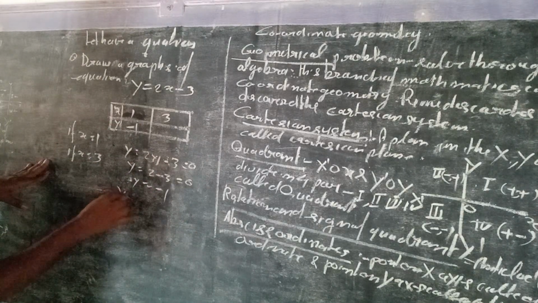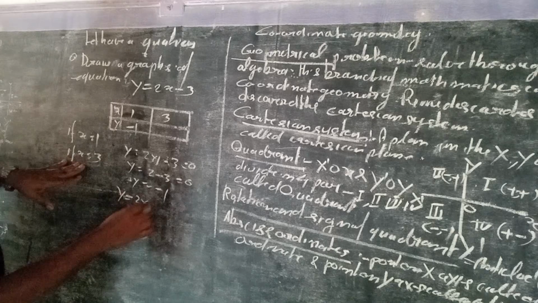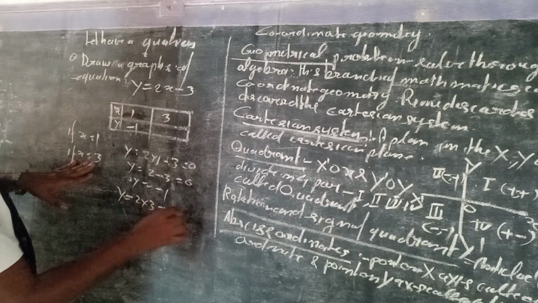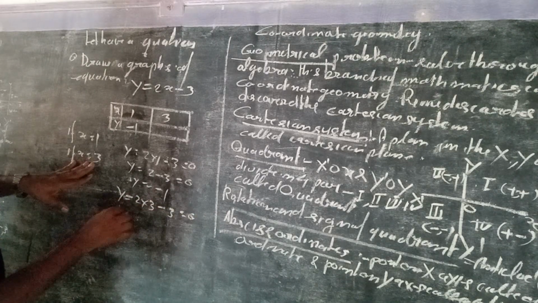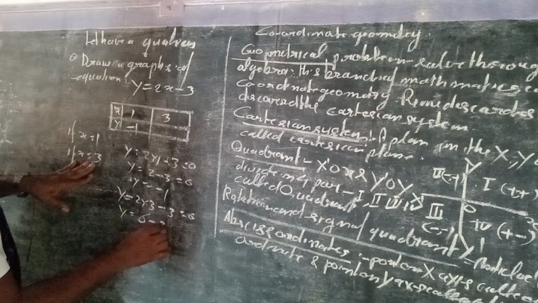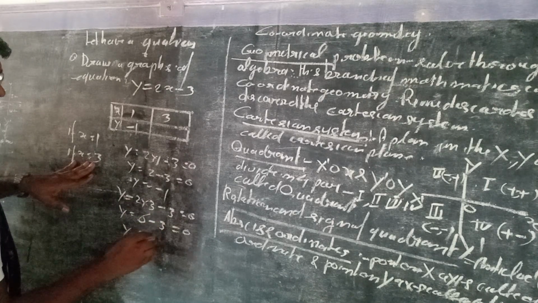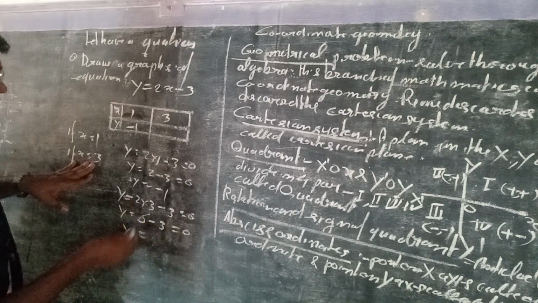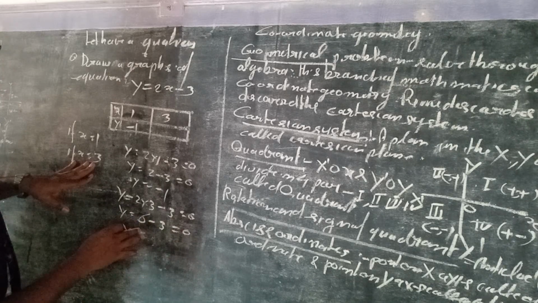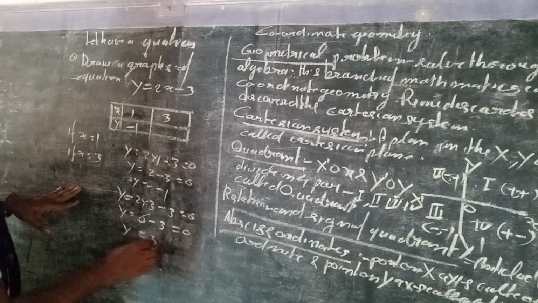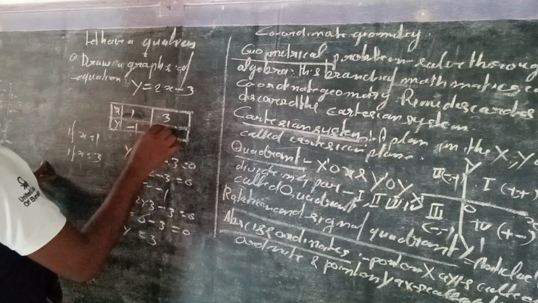And if x is 3, then y is equal to 2 into 3 minus 3, which is 6 minus 3, equal to 3. So y is also 3.